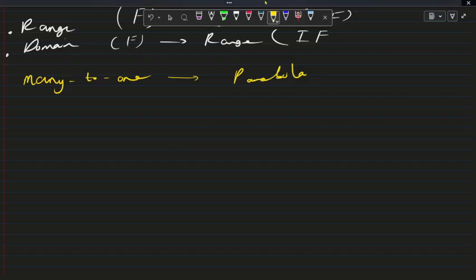Now what will happen if we look for the inverse of this graph, the inverse of a parabola? We swap them, right?